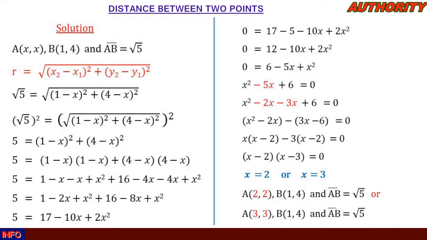When you find the distance between A (2, 2) and B (1, 4), it gives us square root of 5, and when you find the distance between A (3, 3) and B (1, 4), the distance is also square root of 5.